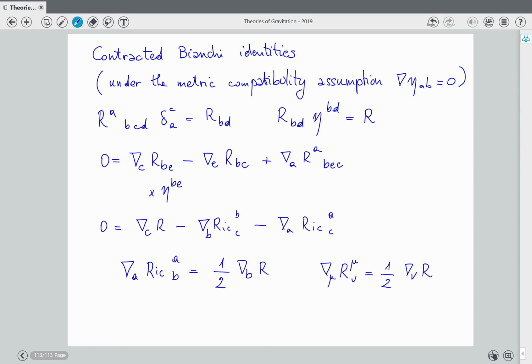Okay, now I think the part on differential geometry is basically over, and we move to gravity, which means we start with the action. What can we do with these quantities, and how do we describe gravity and its interaction with every field?